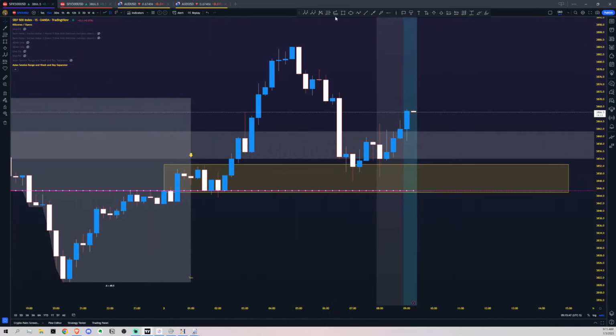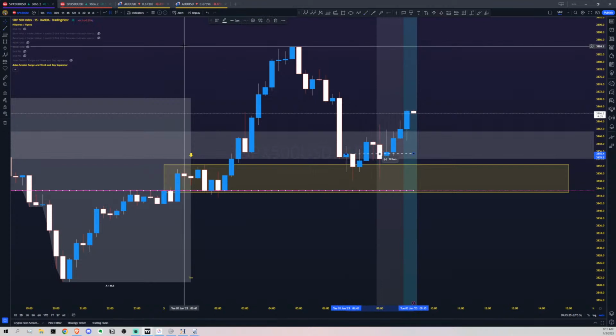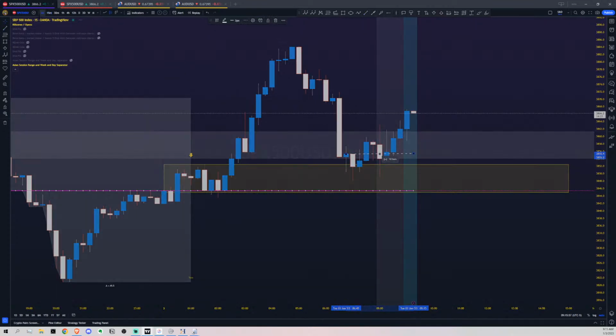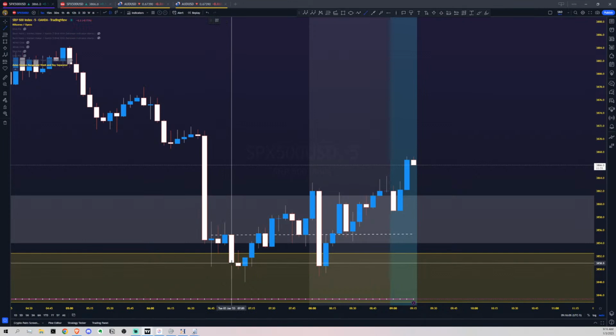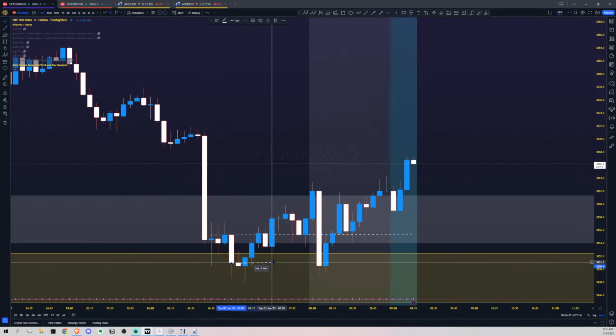Time frame. We're a break of a rejecting red candle tapped into. There, 5-minute break here.